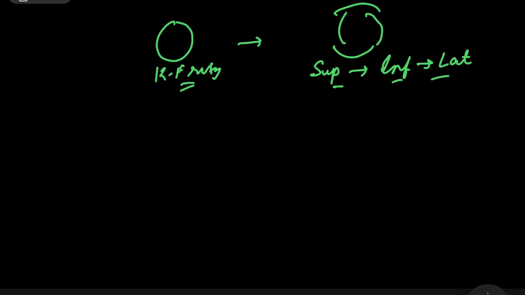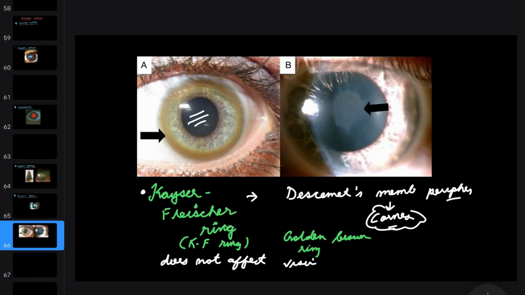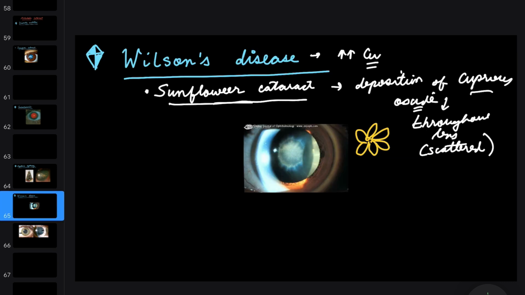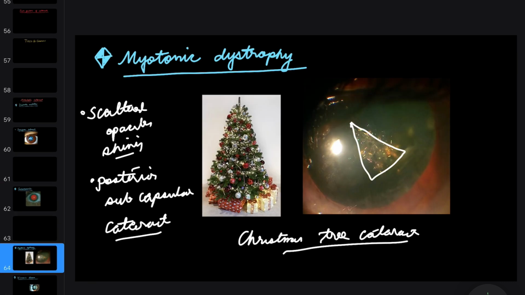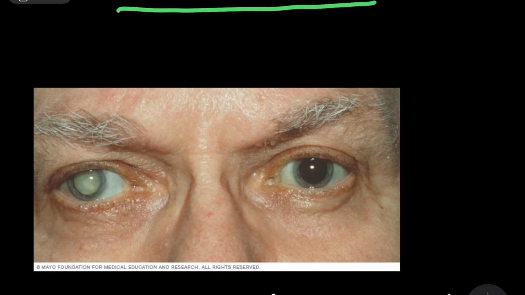Why is this important? Because the superior part of the KF ring will appear first. So you're examining the eye of a patient, but you don't examine the eye very thoroughly. If I go back to any picture of an eye, this is the normal eye. This is the canthus of the eye. Canthus means the margin, this medial border.